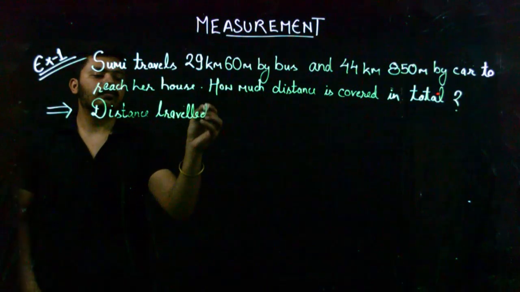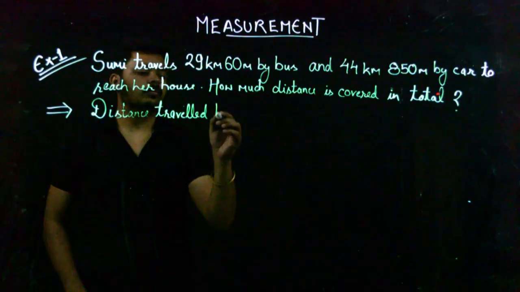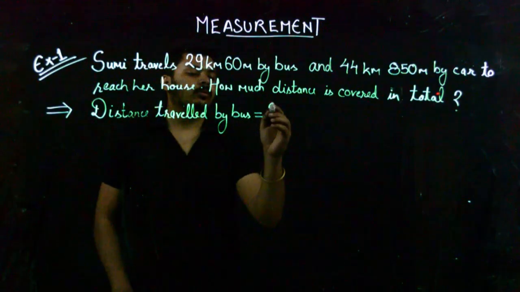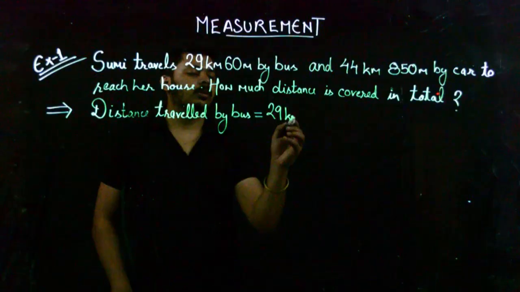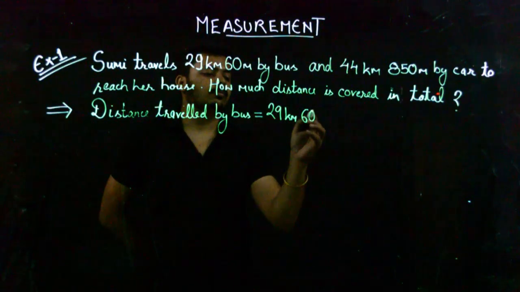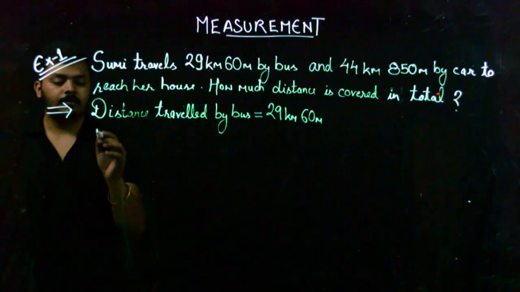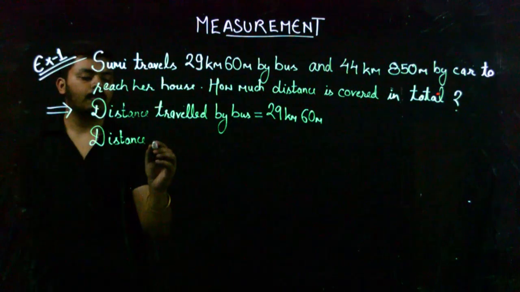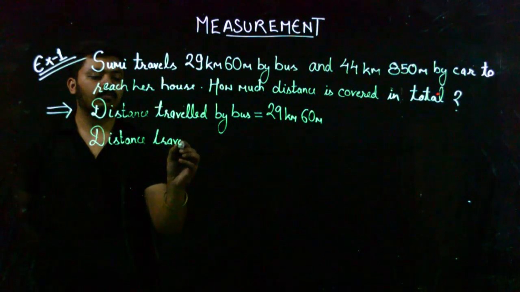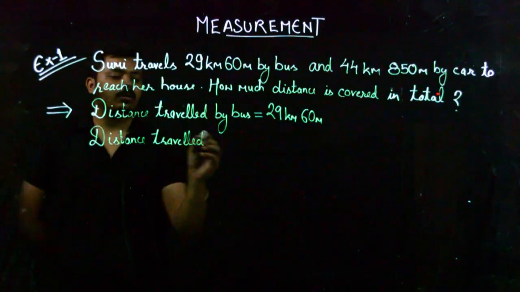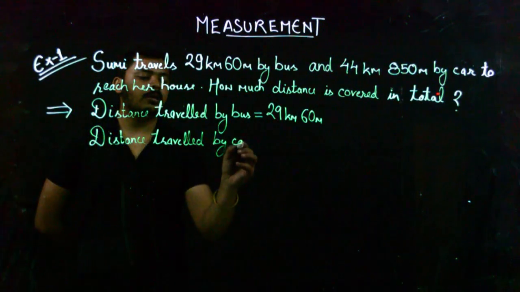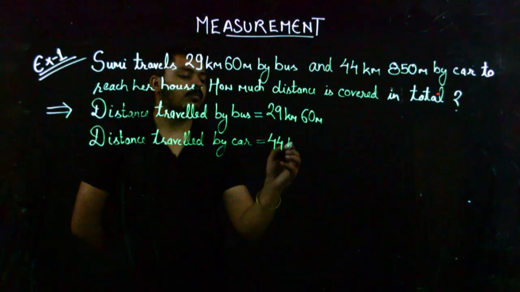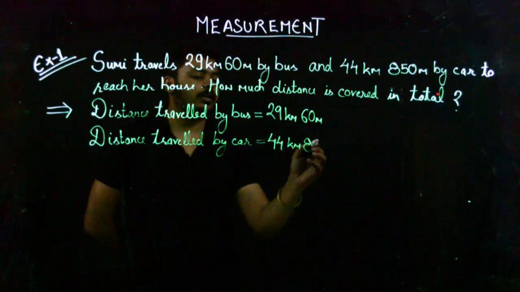Distance traveled by bus is equal to 29 kilometer 60 meter, and distance traveled by car is equal to 44 kilometer and 850 meter.